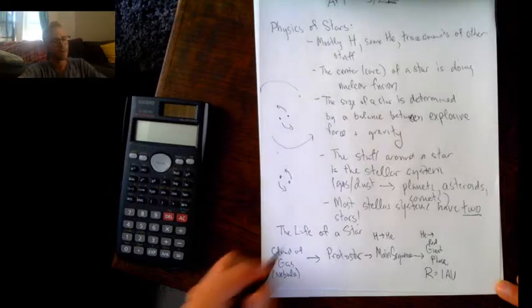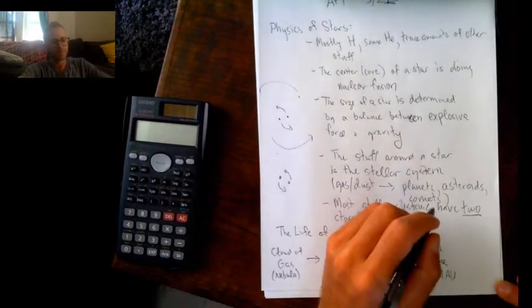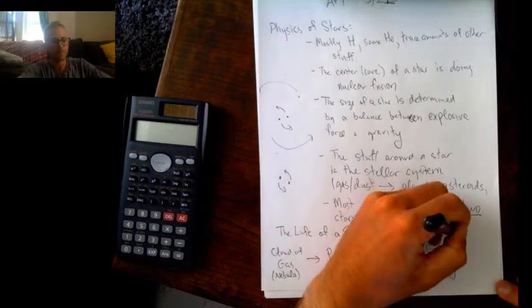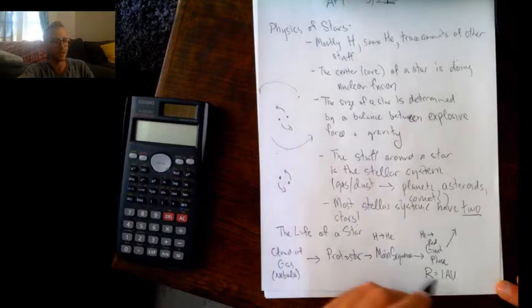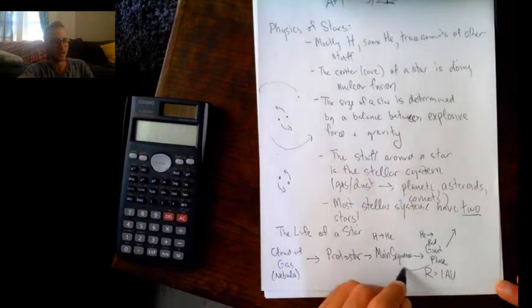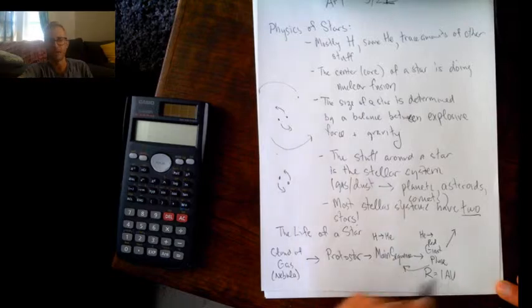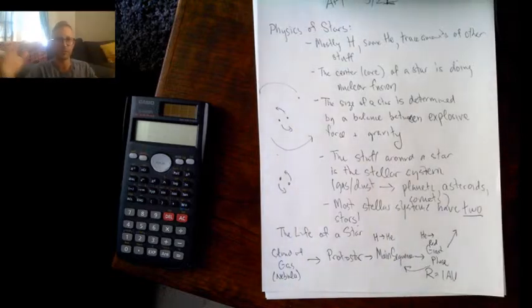And so a couple of things can happen. Now, I should say that it can actually sort of go between the giant phase and the main sequence and go back and forth. So it can actually change its size several times.